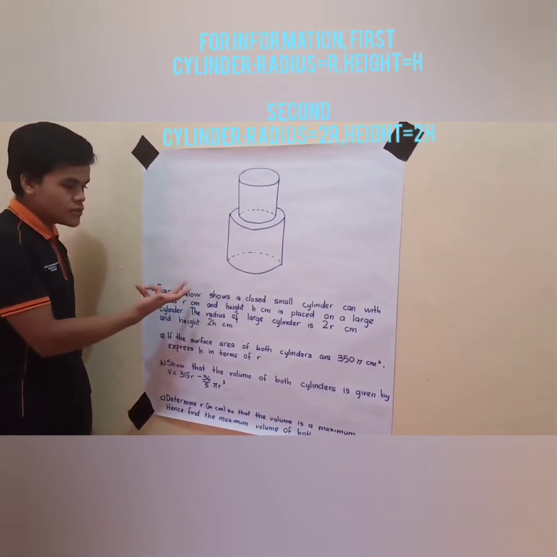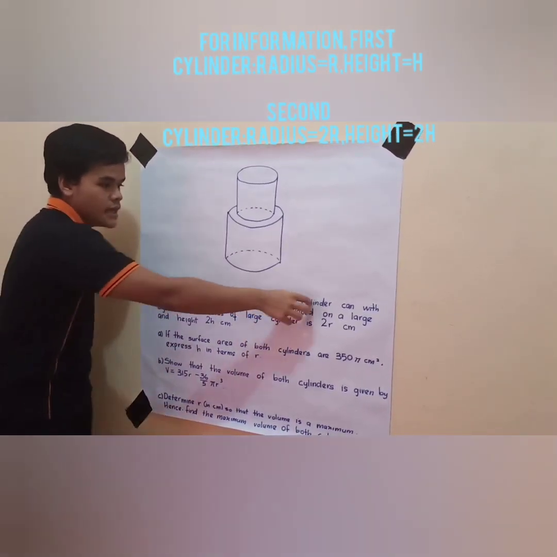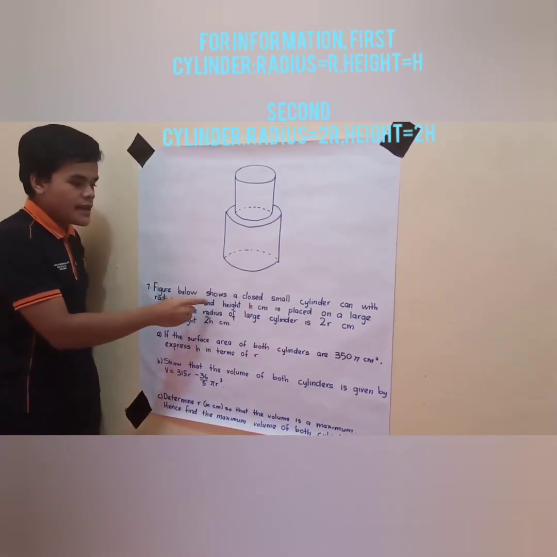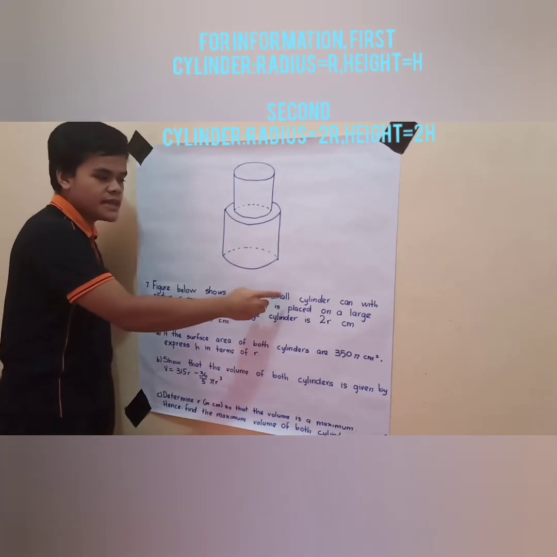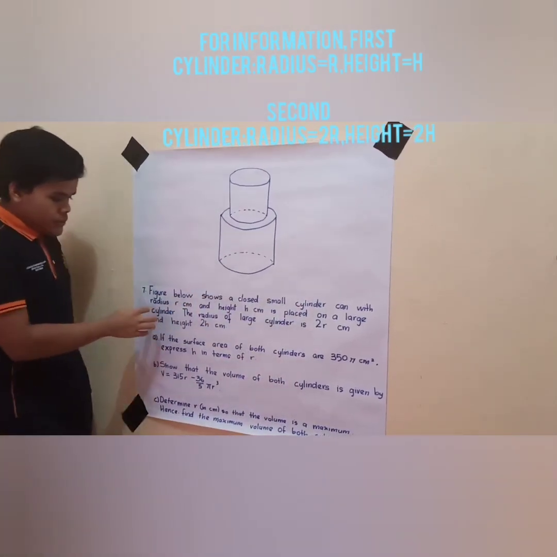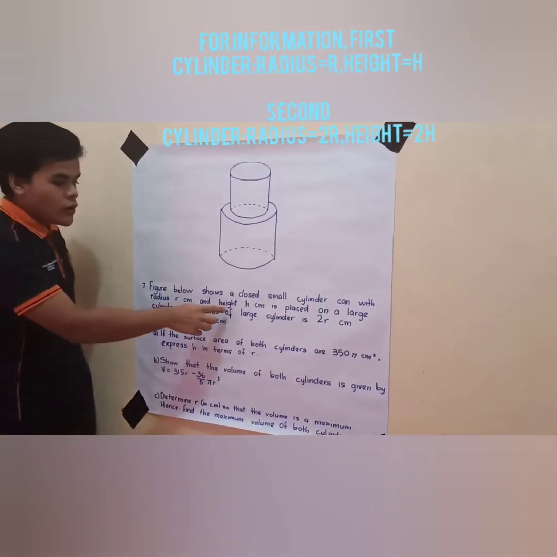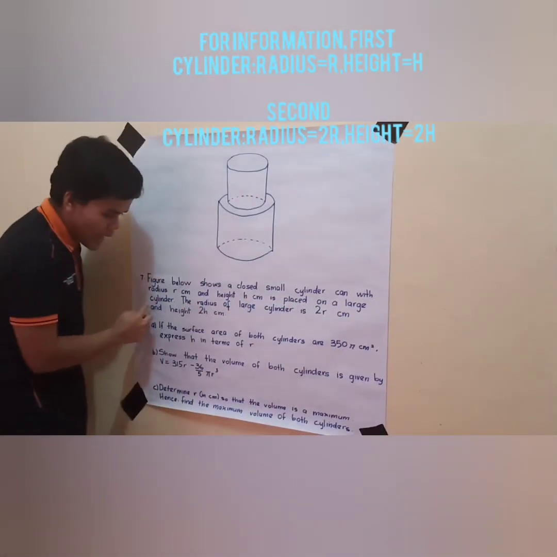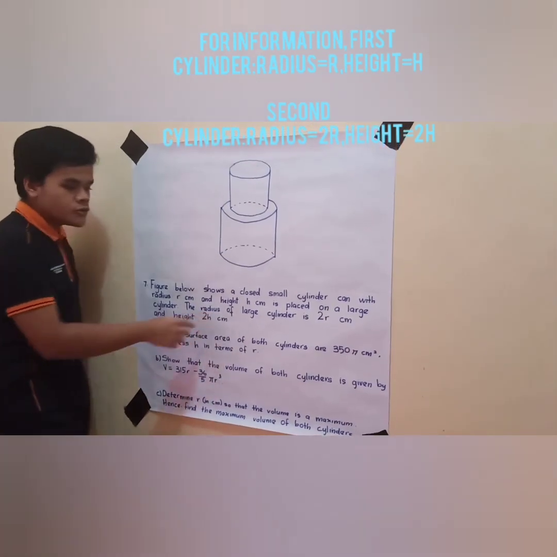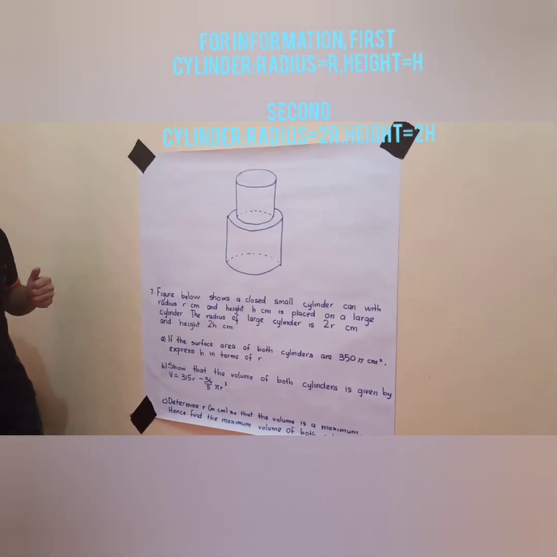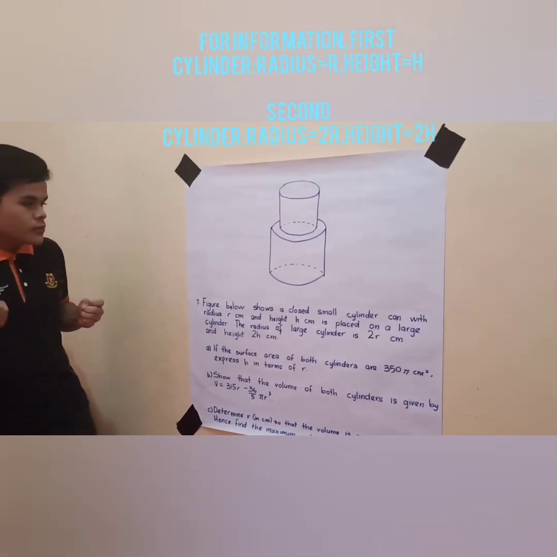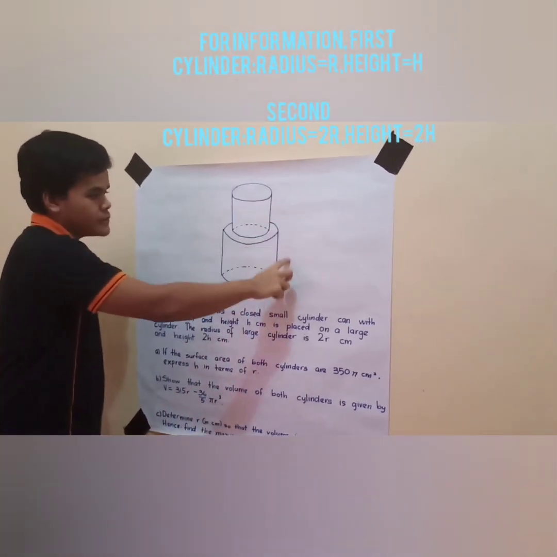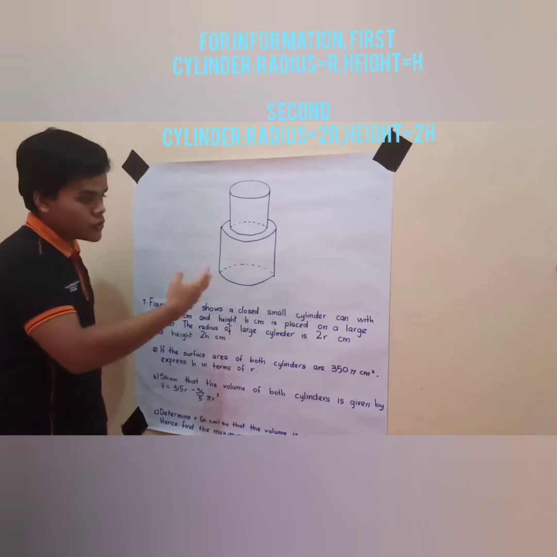The figure below shows a closed small cylinder with radius r cm and height h cm placed on a large cylinder. The radius of the large cylinder is 2r cm and its height is 2h cm.